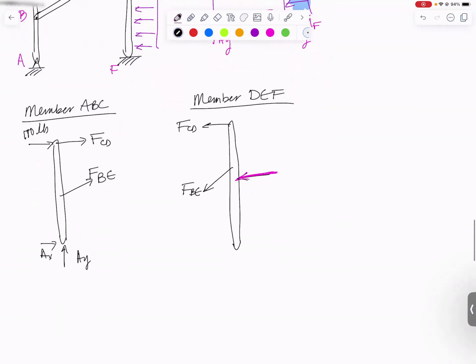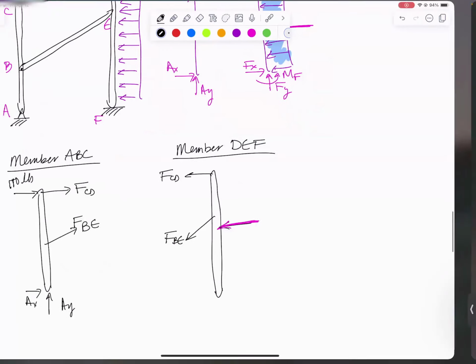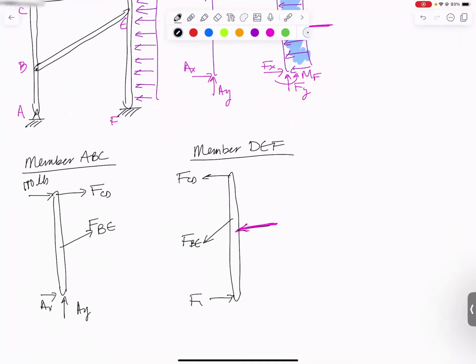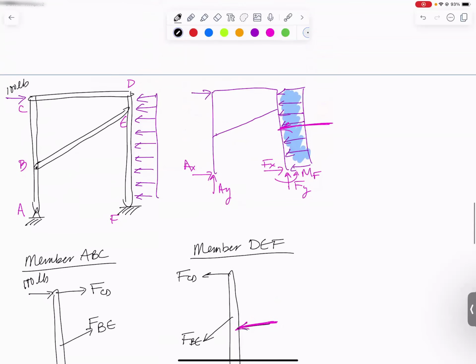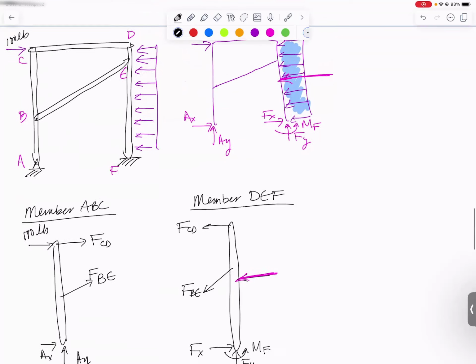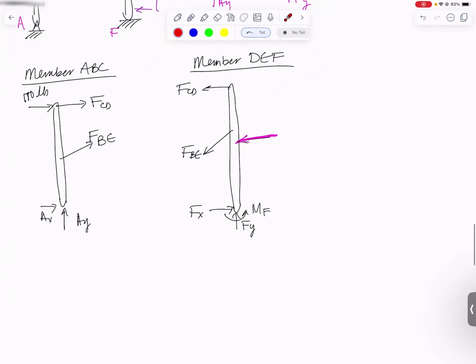And then it will have my same 3: FX, FY, and the moment about F. That's as good as we can do with this. Every one of these diagrams has more than 3 unknowns. So to solve this problem, you would need to do a simultaneous solution of more than one equation and more than one unknown.